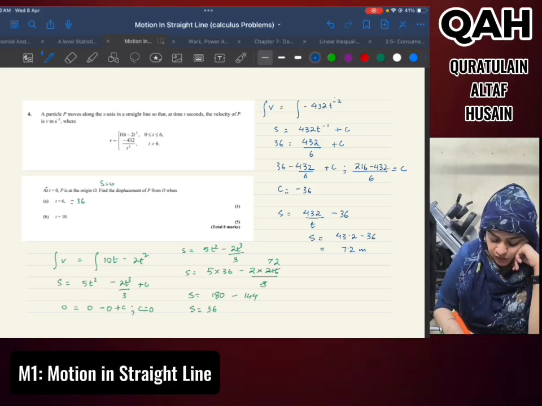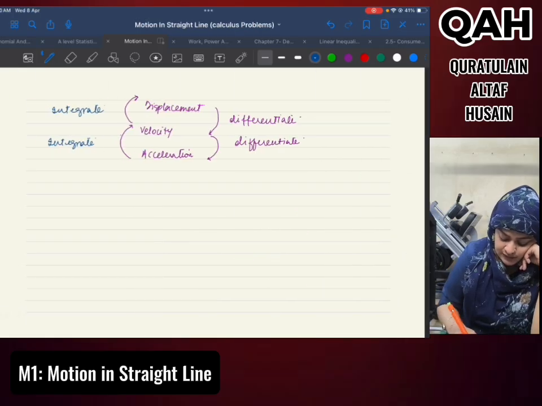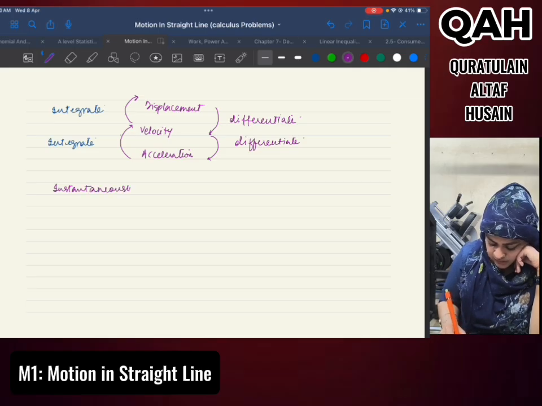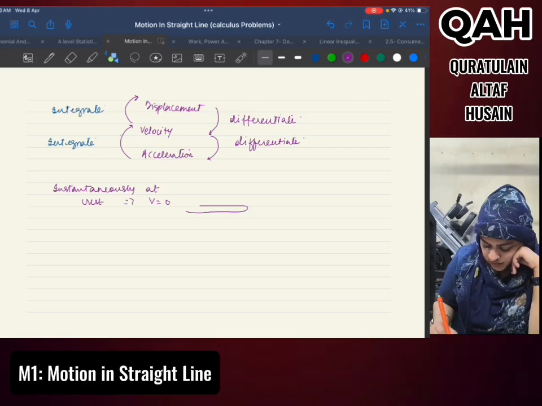Another concept before I move forward is the concept of instantaneously at rest. When we talk about instantaneously at rest, it means velocity is zero. It also means that this object is traveling in one direction, then it makes a turn, changes direction and moves in the other direction.